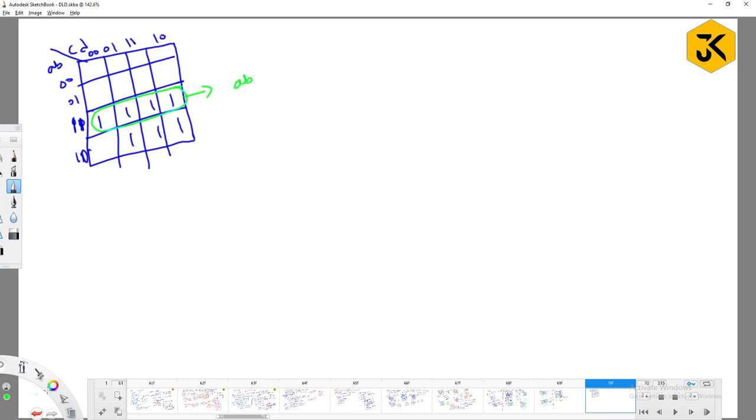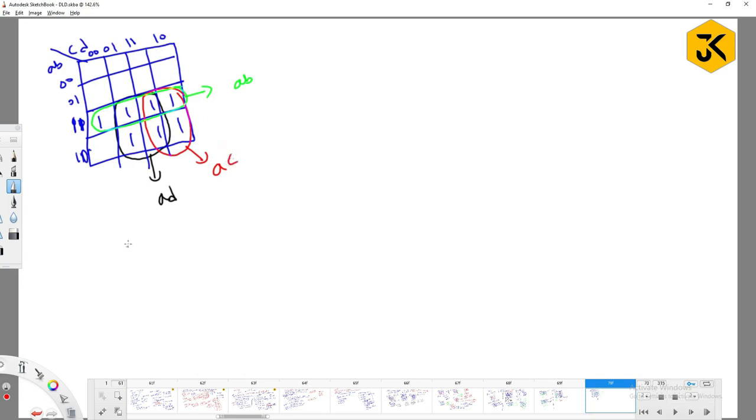AB. Then you are going to combine, can I combine these 4? Yes or no? What is the value you are going to get? A is not changing, here D is changing. So AD. And can I combine these 4? Yes. What is non-changing? A is not changing, C is not changing.